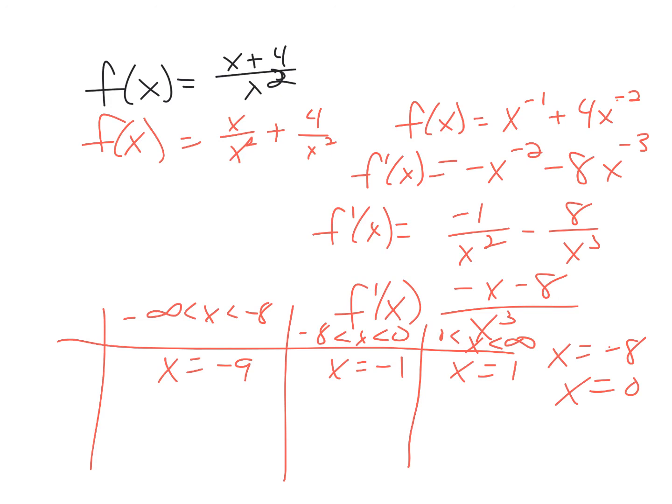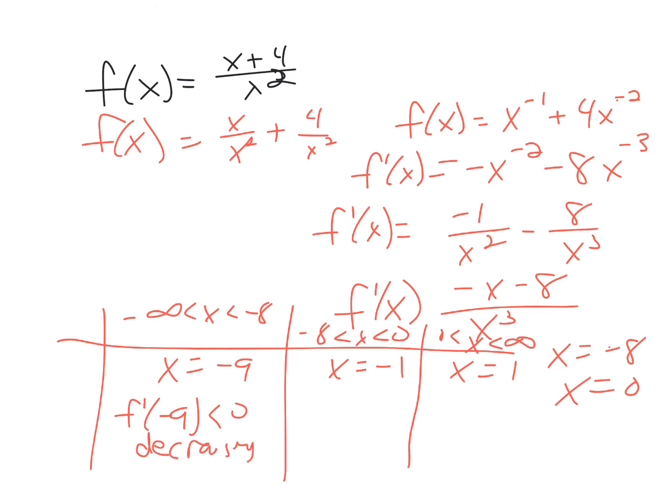We put negative 9 in. We'll get a negative on the denominator and a positive on the numerator, so it's going to be a negative value. So f prime at negative 9 will be less than 0, therefore you're decreasing here.